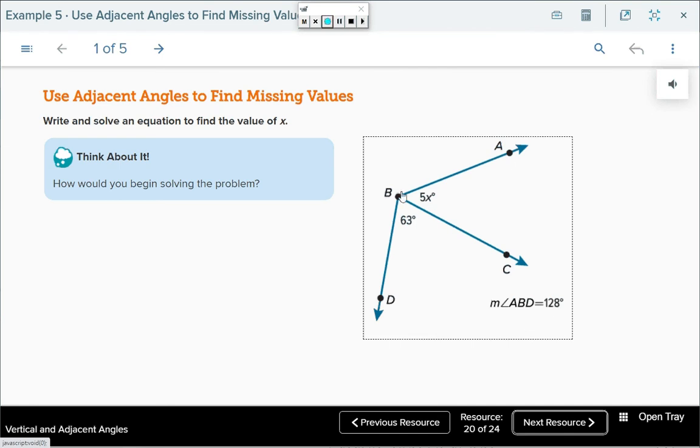So from here to here to here equals 128. That means this angle plus this angle equal 128. So what would my equation look like? 128 equals 5x plus 63. Is that just a two-step equation? Very easy, right? Does that make sense?